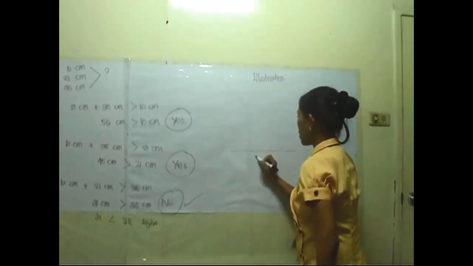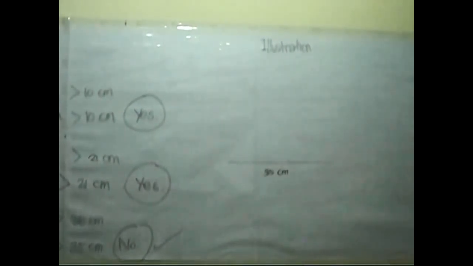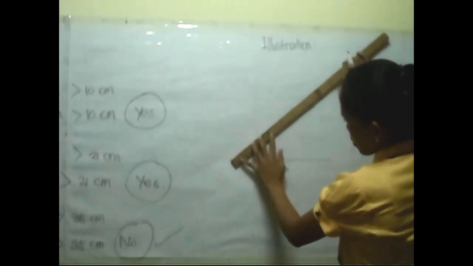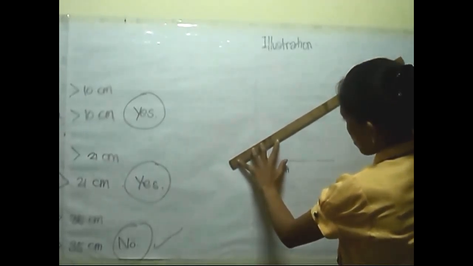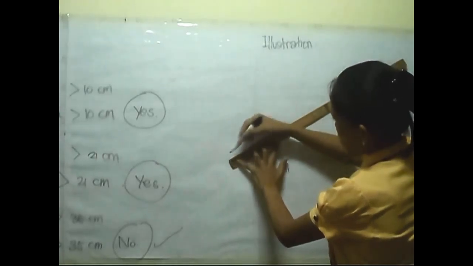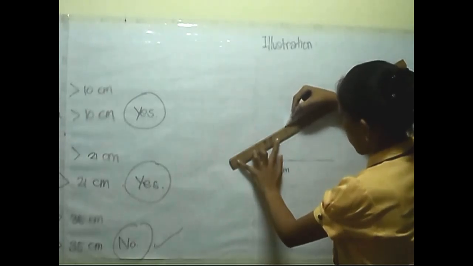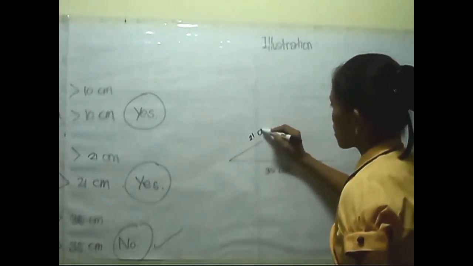So this is our 35 centimeters. Next, the second biggest value, 21 centimeters. So 10, 20 plus 1. So that is our 21 centimeters.